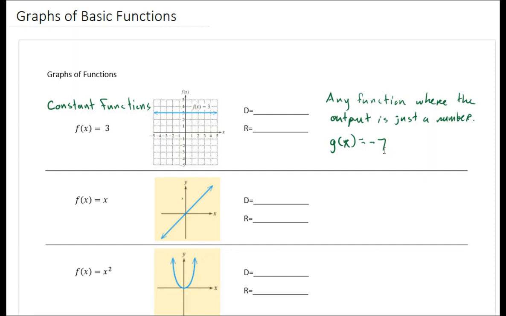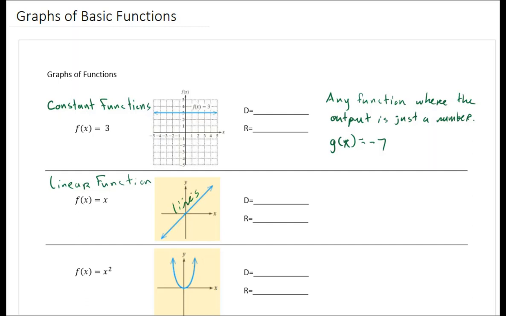We'll look at the next one here. Again, this is just an example of these types of functions, but the classification is linear functions. Now with linear functions, their graphs are called lines, specifically.